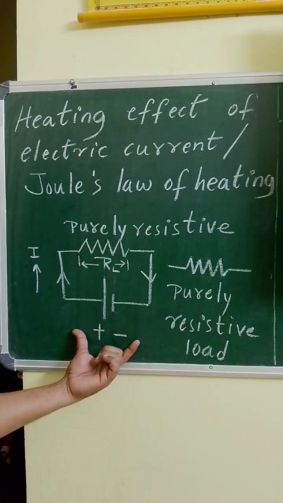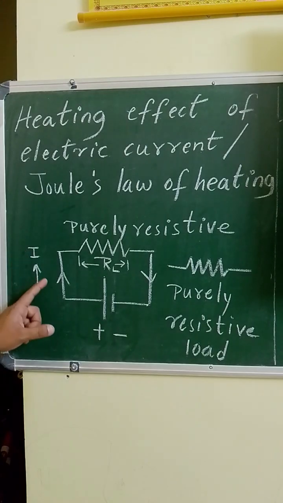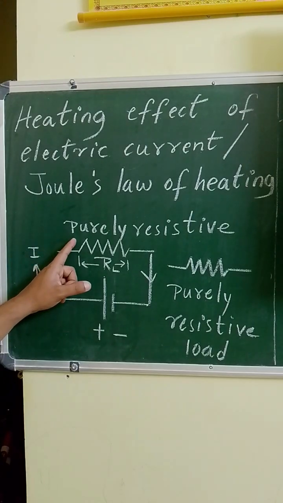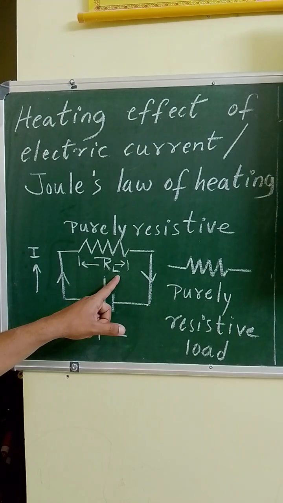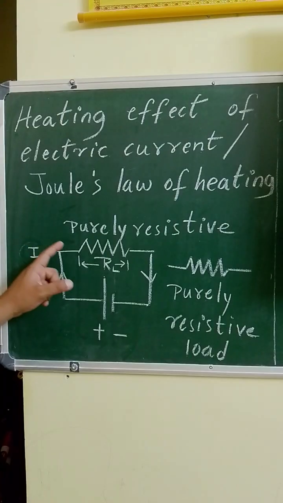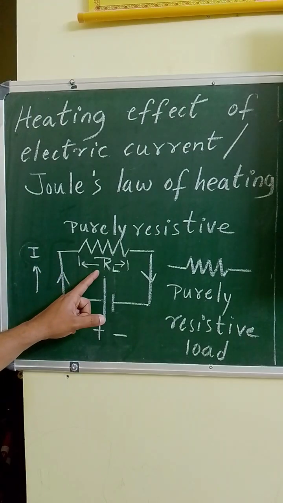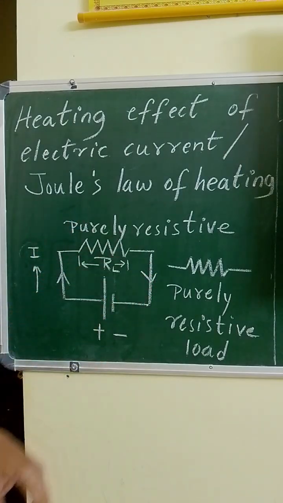Consider this as a battery. An electric current I is flowing through a purely resistive load in an electric circuit.